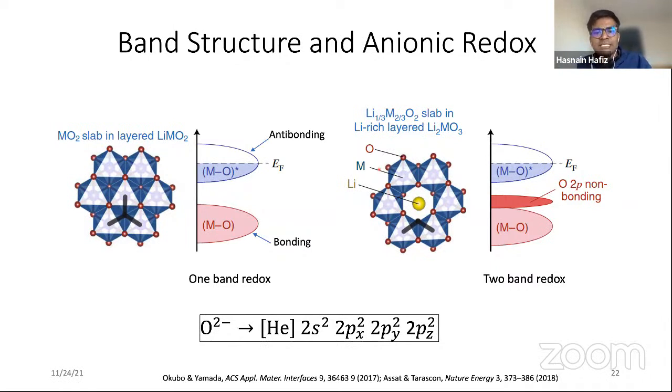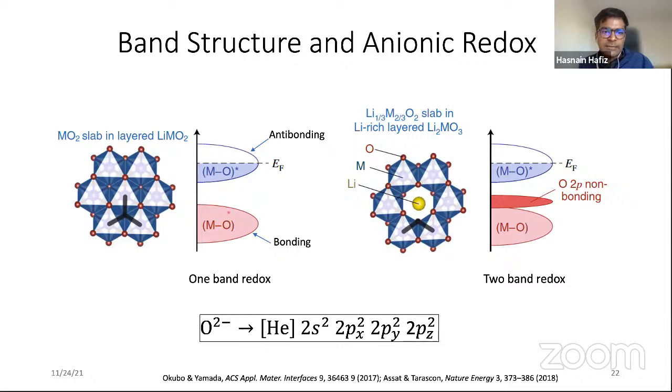Now, why is this non-bonding oxygen orphaned state electrochemically so interesting? The reason is, in a classical system, this metal oxygen anti-bonding band at the Fermi level is responsible for electron transfer, and an extra electron can only come from this stabilized metal oxygen bonding band once this anti-bonding band is empty.